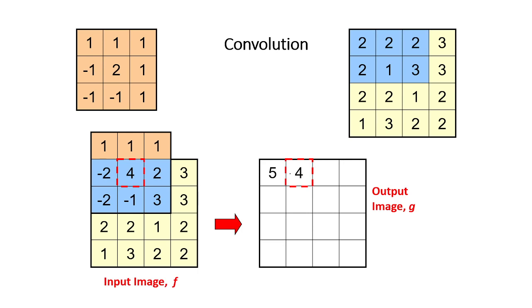Whereas there it was 10, now it becomes 4, because minus 1 into 2 is minus 2, 2 into 2 is 4, plus 1 into plus 2 is 2, minus 1 into 2 is minus 2, minus 1 into 1 is minus 1, 1 into 3 is 3.